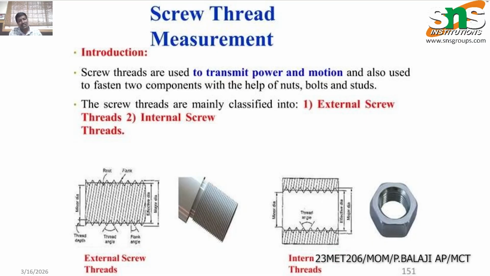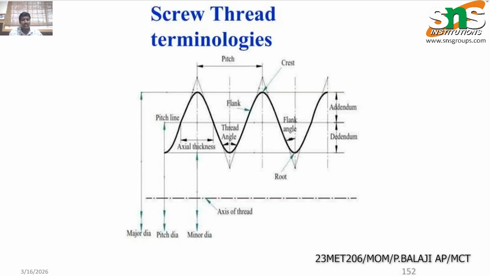Every thread has some angles, and the thread surface has some diameters and some terminologies, available in both the internal and external thread. We can see them one by one.